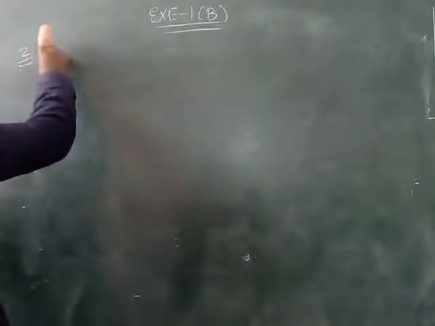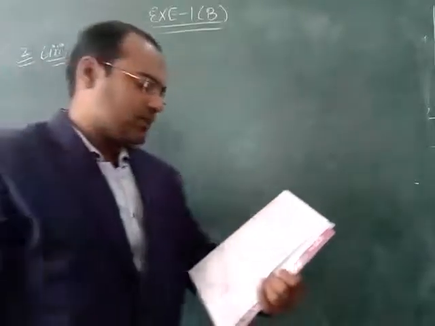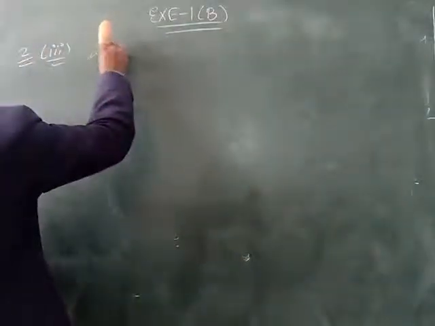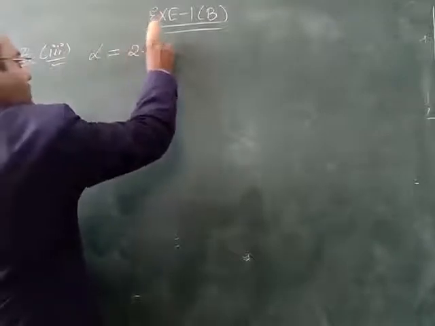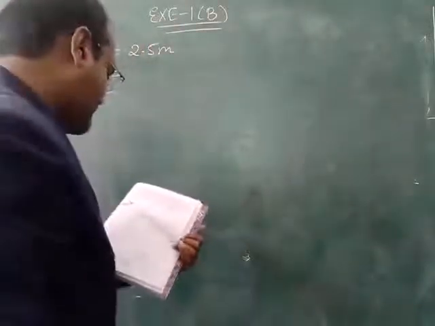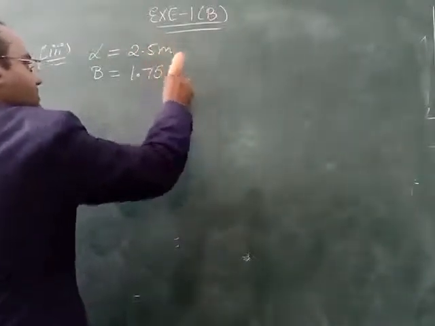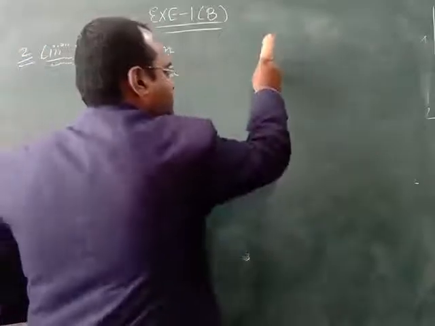All of you see question number 2, 3rd part. Area of the rectangle you have to find here in the question. And length is given, 2.5 meter. Breadth is also given. Breadth is 1.75 meter. So this shape is known as a rectangle.